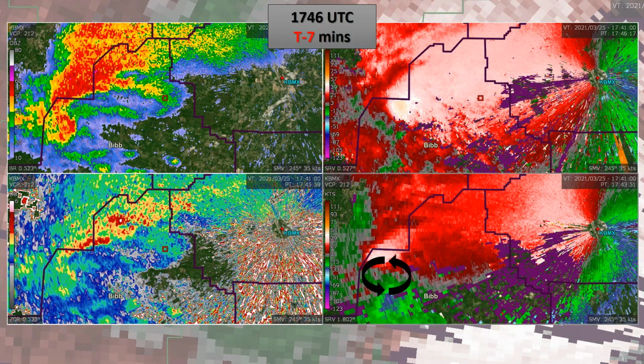So what we're really looking at here is we can identify this low-level mesocyclone on the 1.8 degree storm relative velocity image, which I've superimposed on the lower level storm relative velocity. And this region that I have outlined with the white line shows up as a minimum, but you can see certainly a really good outbound signature here in the pinks and even orange color immediately adjacent to that.